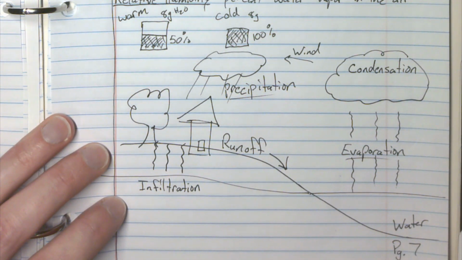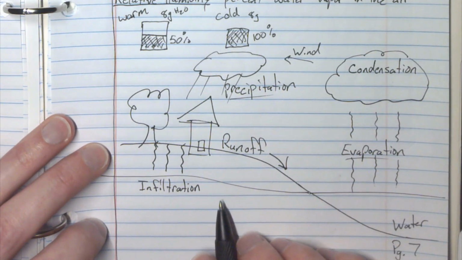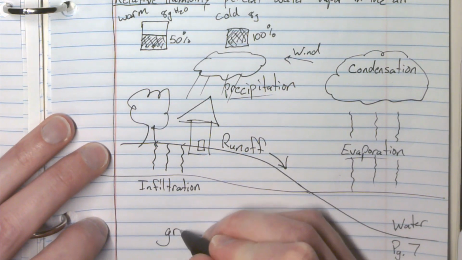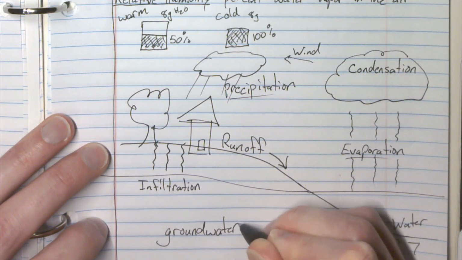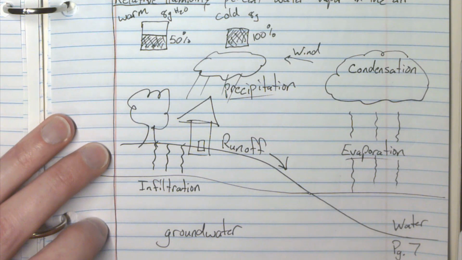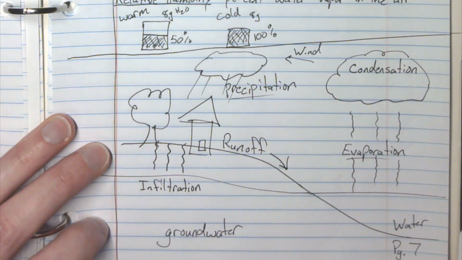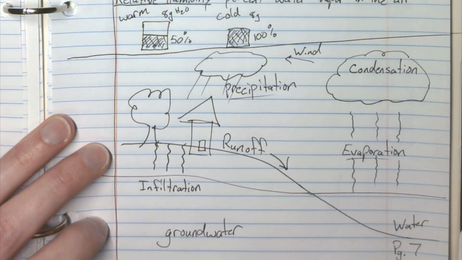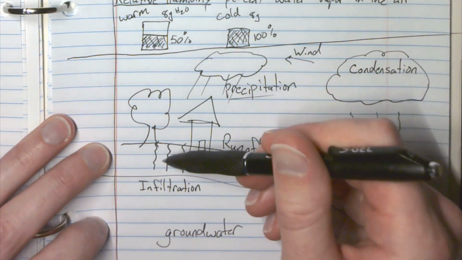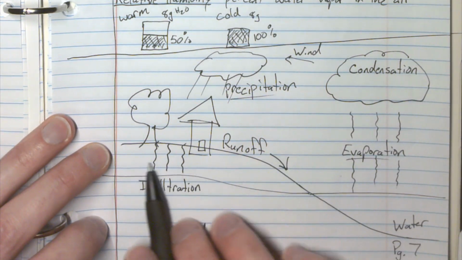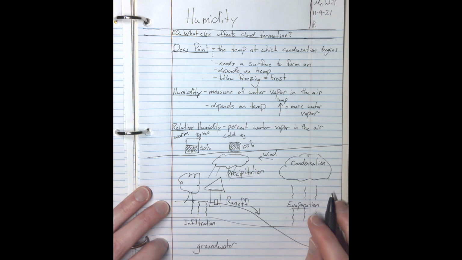And this whole thing underground is an aquifer, but it's just groundwater. It's water underground. So that's our basic drawing of the water cycle. So evaporation, condensation, precipitation, and infiltration is our new word. That's where it goes into the ground.